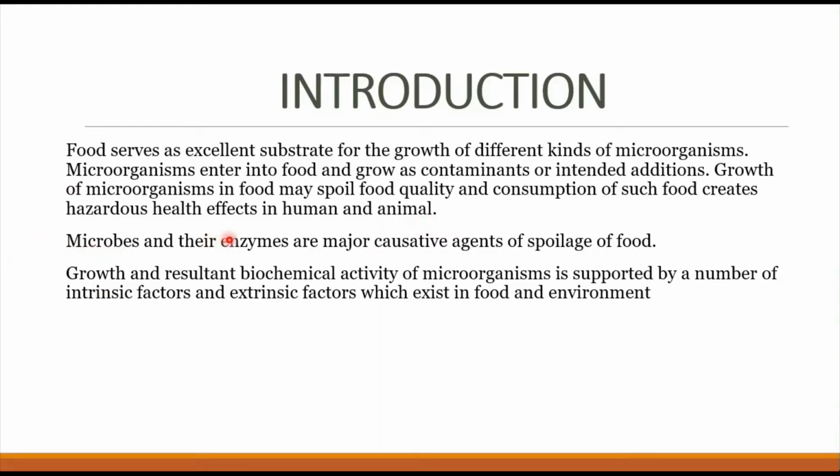The microbes and their enzymes are the major causative agents of spoilage of our food. The growth and the resultant biochemical activity of microorganisms are supported by different factors such as intrinsic factors as well as extrinsic factors which exist in the food and the environment.